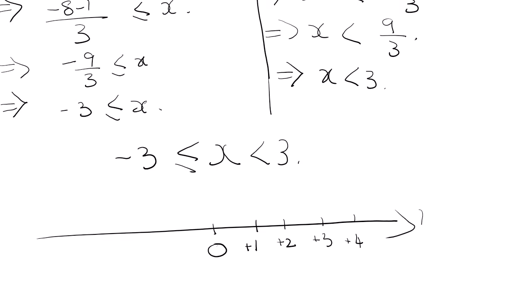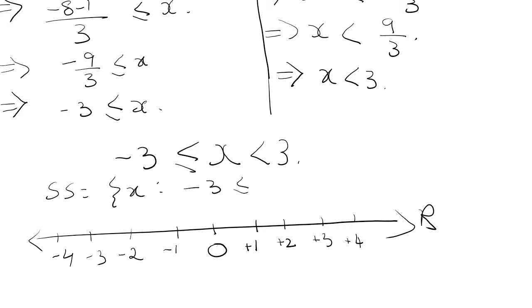Okay, and you have to write real number, whatever is given. This is real number, and here minus 1, minus 2, minus 3, minus 4. First you have to write solution set is equal to set of all x such that minus 3 less than or equal to x less than 3, x belongs to R.